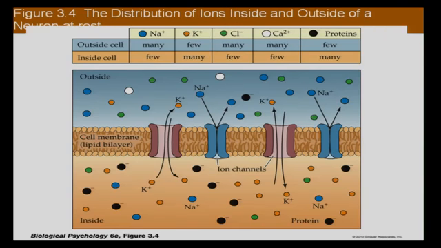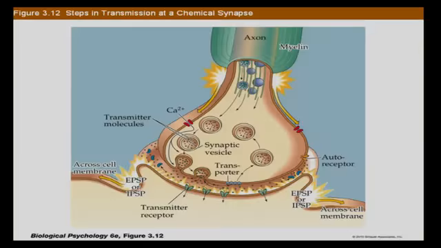Because, again, going back to what's happening at rest, there's lots of calcium on the outside, a little bit of calcium on the inside. When that voltage-gated calcium channel opens, because of the force of diffusion going from high to low, you get an influx of calcium into the presynaptic terminal, that is, the terminal at the end of the axon.